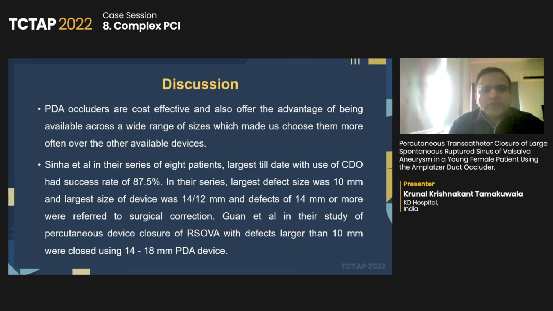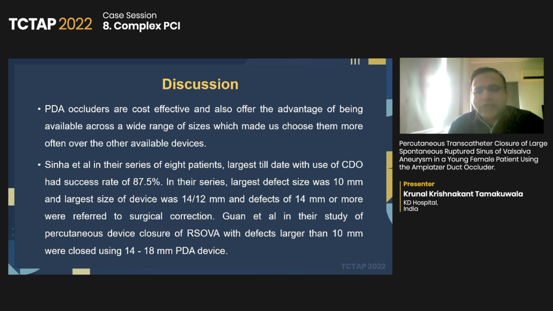So in the discussion, PDA occluders are cost effective, and we also have an advantage over open heart surgery. Previously, Dr. Sinha had a series of 8 patients with CDO at a success rate of 87.5%.